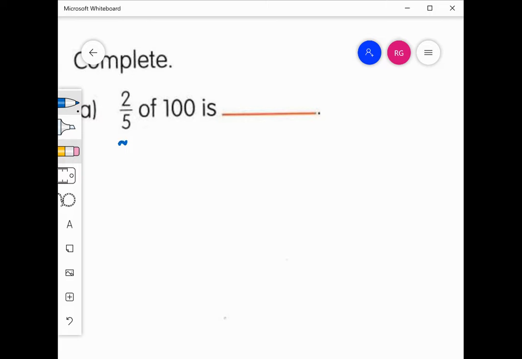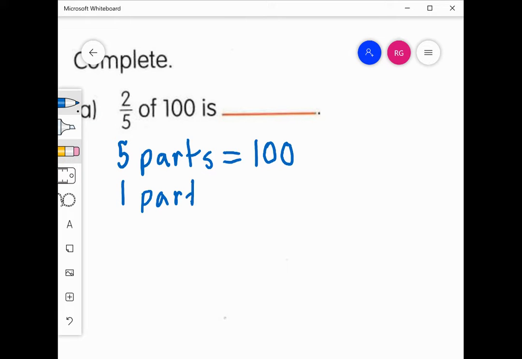Okay, for number 8, it says to think of 2/5 of 100 is what? Well, we can think of this as 5 parts of 100. If we set that equal to 100 total, then one part is equal to how much? One part should equal 100 divided by 5. So each part is going to equal 20 in this case.